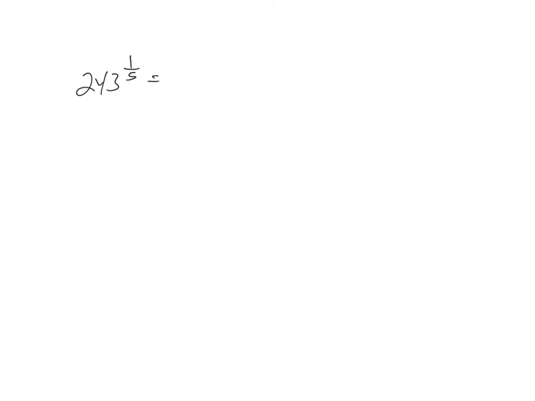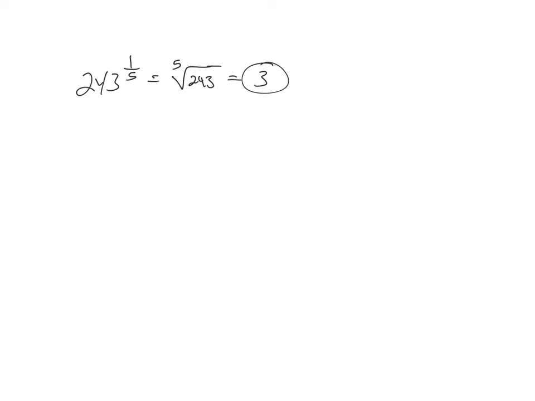I just need to understand that it means the 5th root of 243, and then I can figure out the answer's 3, like we did on the last one. So you'll have 3 of them where it's already a radical at the beginning, and then 2 of them where you'll have an exponent that's a fraction and you'll need to convert it.